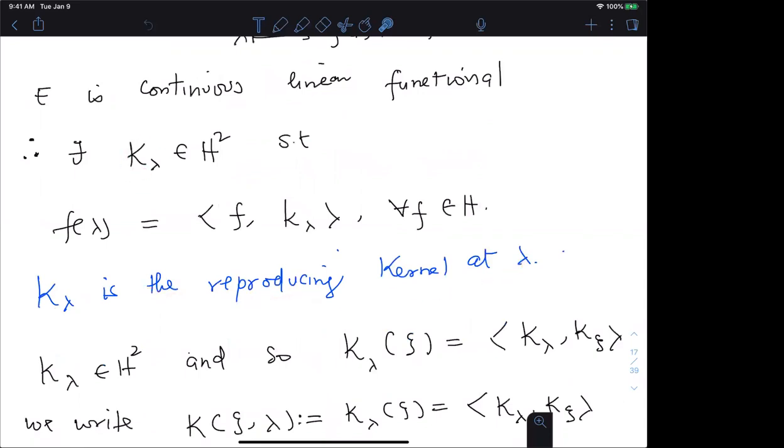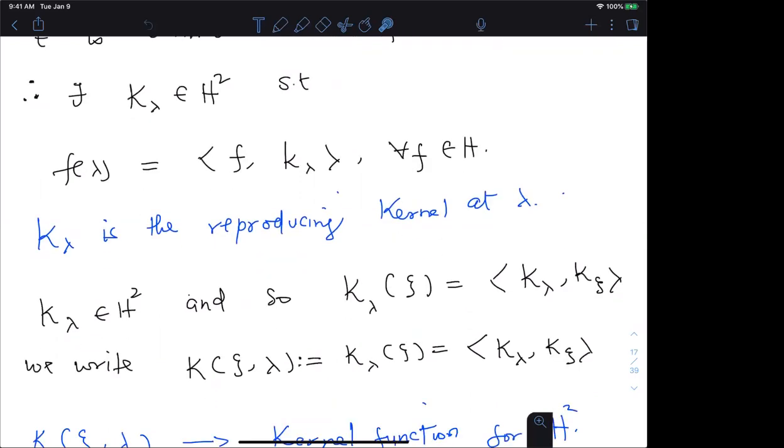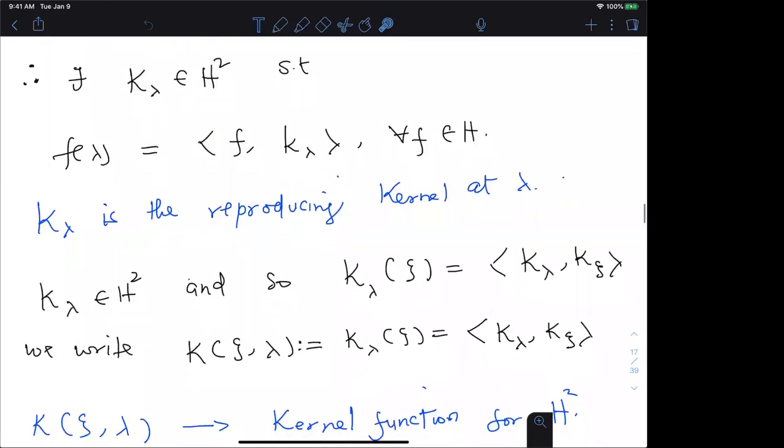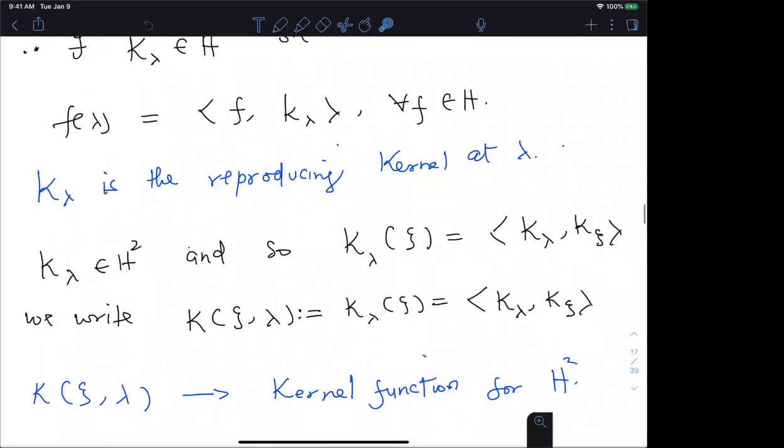Now, if the space in question, in this case being H2, the reproducing kernel has a special name called the Szegő kernel, and in a few minutes, I'll define the Szegő kernel for the H2 space as an explicit formula for the kernel.